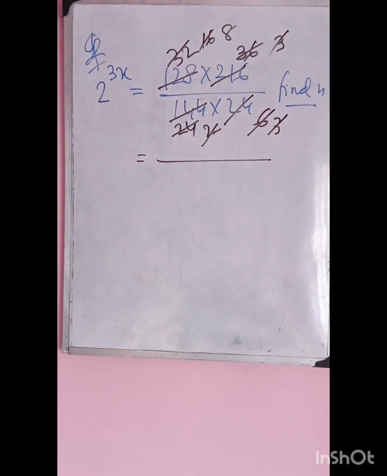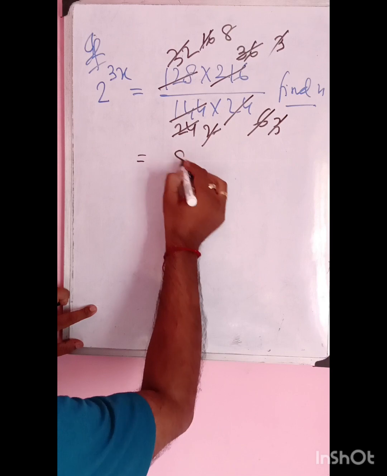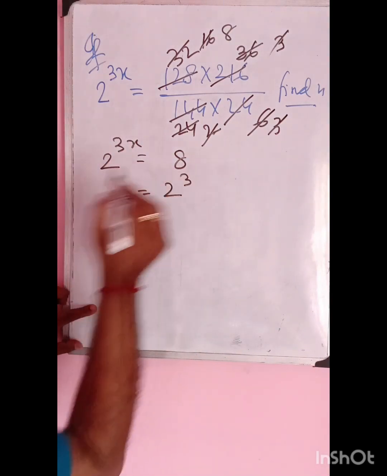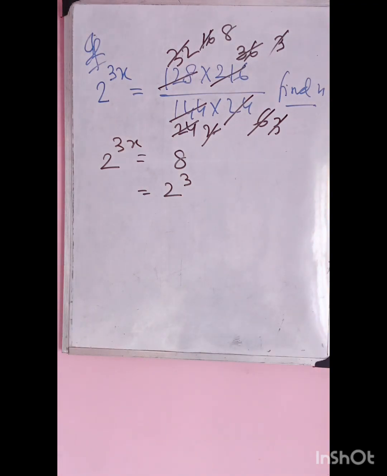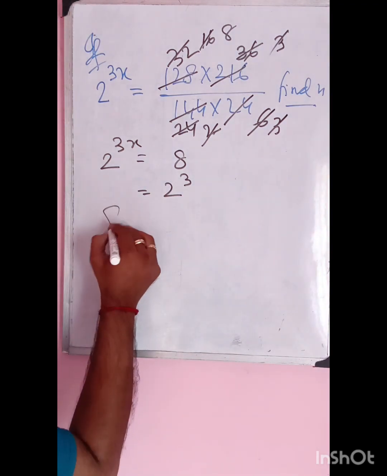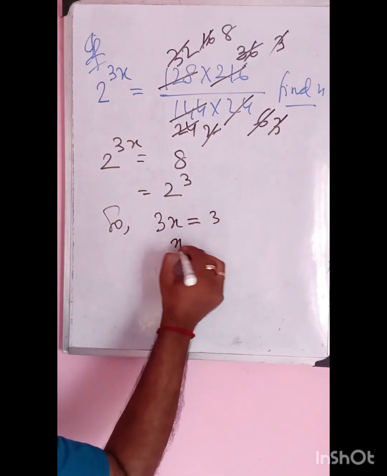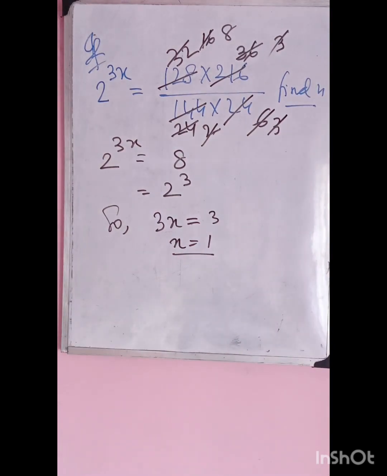So it becomes 8 only, nothing but 2 cube. So you must try to bring left hand side and right hand side with the same base or same power. Only then you can compare. Okay?